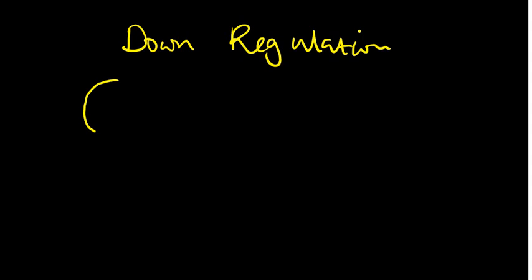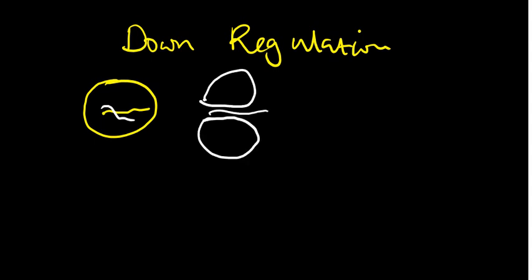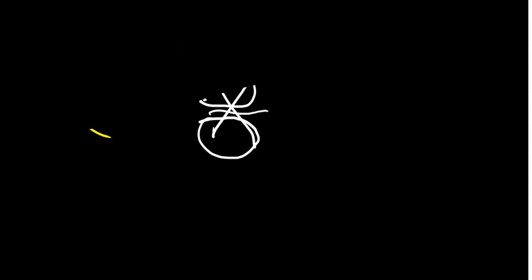So if in the nucleus the mRNA was not synthesized, there will be no translation, because there was no transcription in the first place. So that's down regulation. The next thing that we're going to talk about is an inducible.